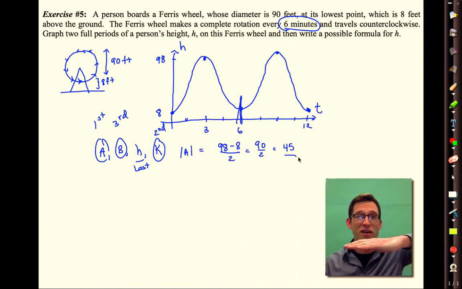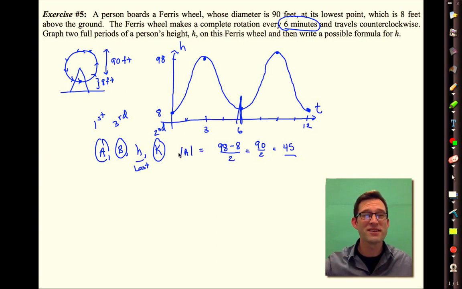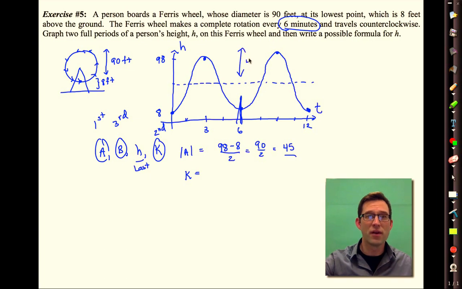The center of that Ferris wheel is your midline, but the radius tells you how far above and below you go. Let's figure out the midline. I'm going to draw it on there. I love having the midline on. It's very easy now that I know my amplitude.